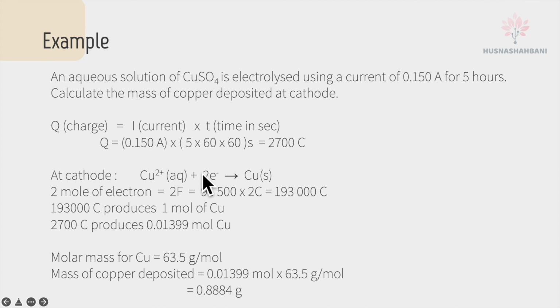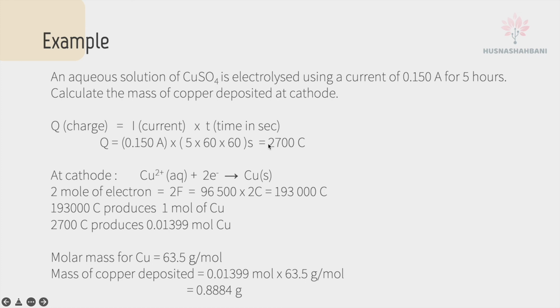From this equation, you know that we use 2 mole of electron at the cathode. 2 mole electron at the cathode means 2 Faradays. 96,500 for 1 Faraday times 2 because we have 2 Faradays here. So 2 mole electron will use 193,000 coulomb. That's for 2 mole of electron at the cathode.